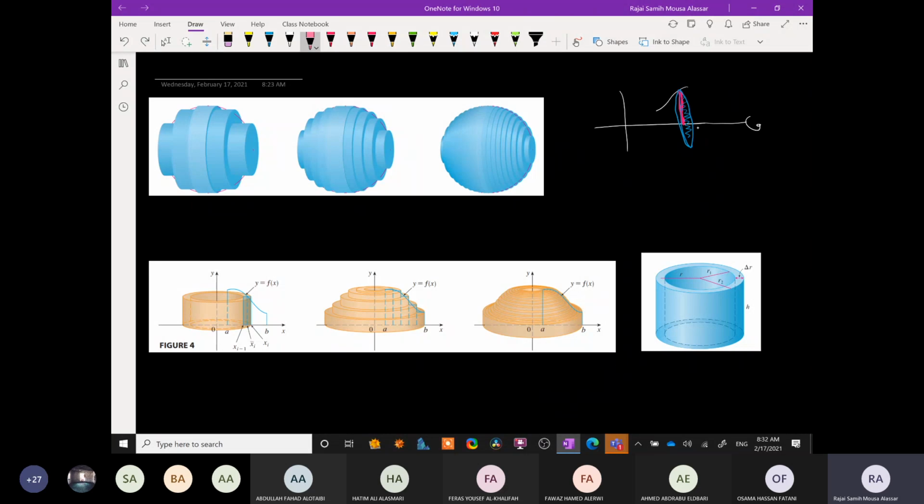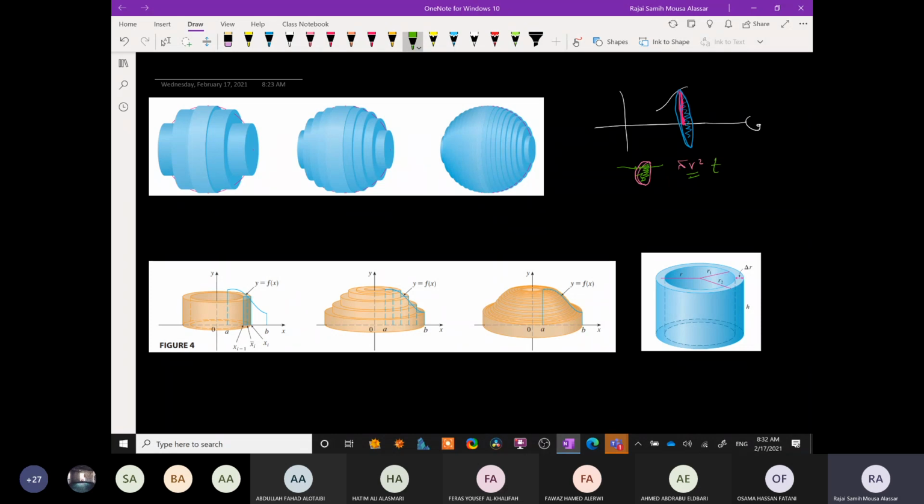If you're able to calculate the volume of one disk, which is actually pi r squared, this is a disk, so it's just this area here, which is pi r squared, and then the thickness of that. Let's just call it the thickness. It doesn't really matter if it's a dx or dy. It depends on the orientation.